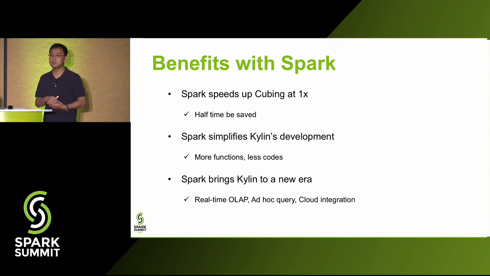We can integrate with Spark SQL as a new data source or an engine for ad hoc queries. And by integrating with Spark, we can support more cloud storage systems. This is all about our experience in Apache Kylin 2.0. Thanks for listening.